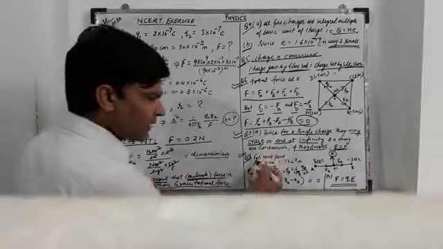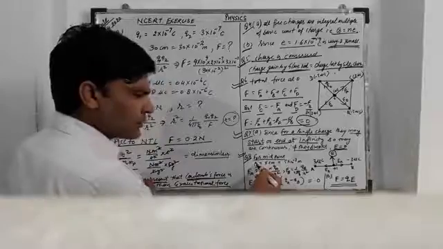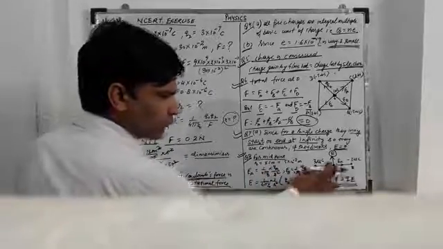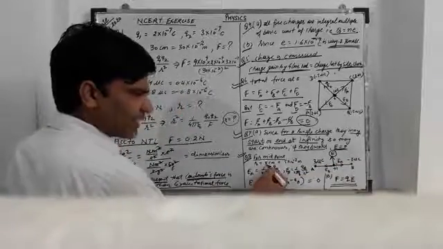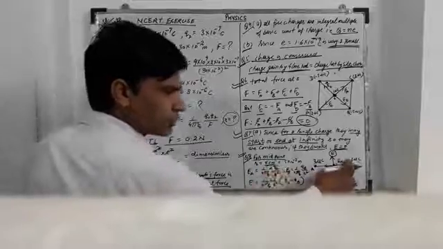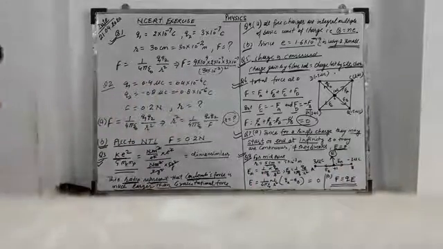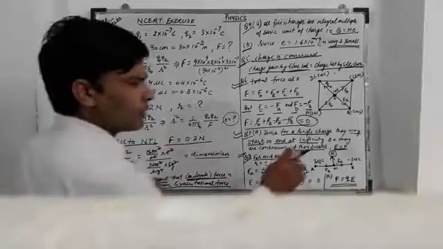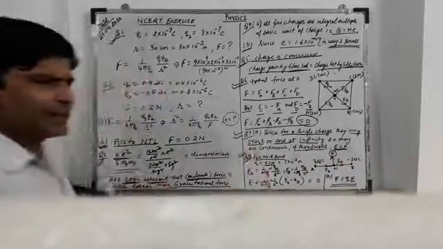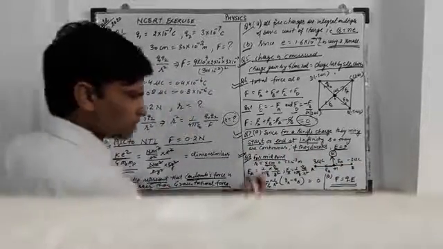For the midpoint or center, the distance from both the charges is 5 centimeters because the total distance is 10 centimeters.